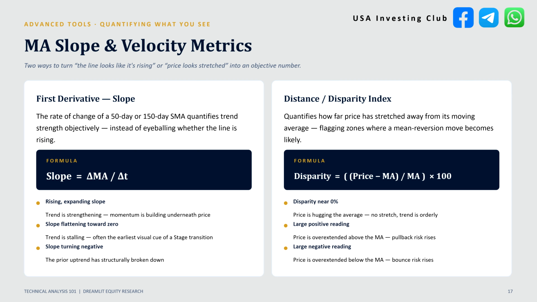A large positive reading means price is overextended above the moving average, raising pullback risk. And a large negative reading means price is overextended below the moving average, raising bounce risk. Together, slope and disparity give you a genuinely quantitative complement to the purely visual reading you've been building all day.